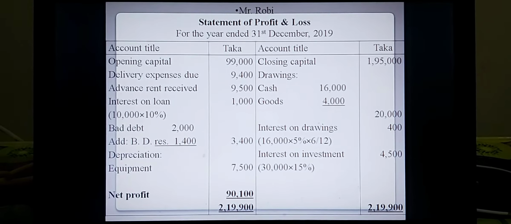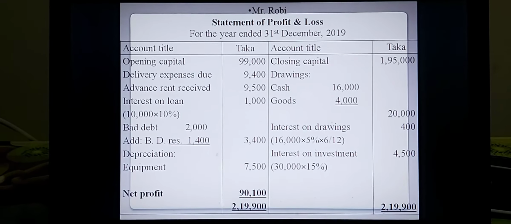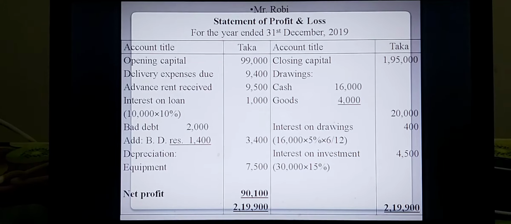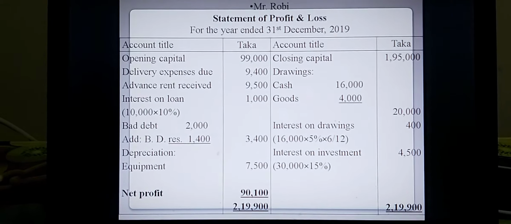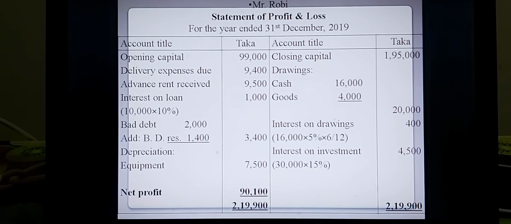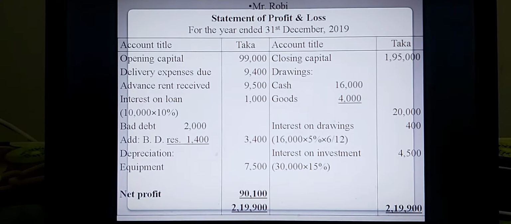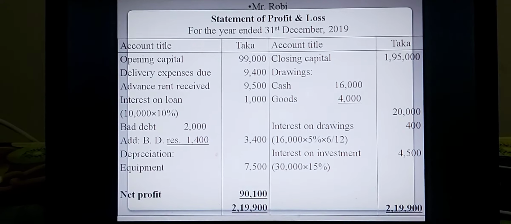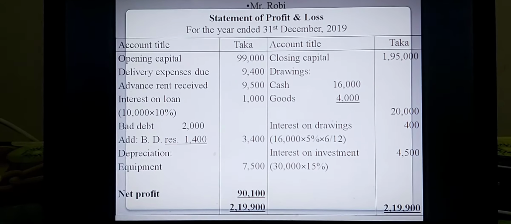So 16,000 into 5% into 6 by 12. According to rules for interest on drawings, always without information, interest on drawings is to be charged for 6 months on cash drawings. So 16,000 into 5% into 6 by 12, that is the amount of taka 400 for interest on drawings, to be written on the right side of the statement of profit and loss.